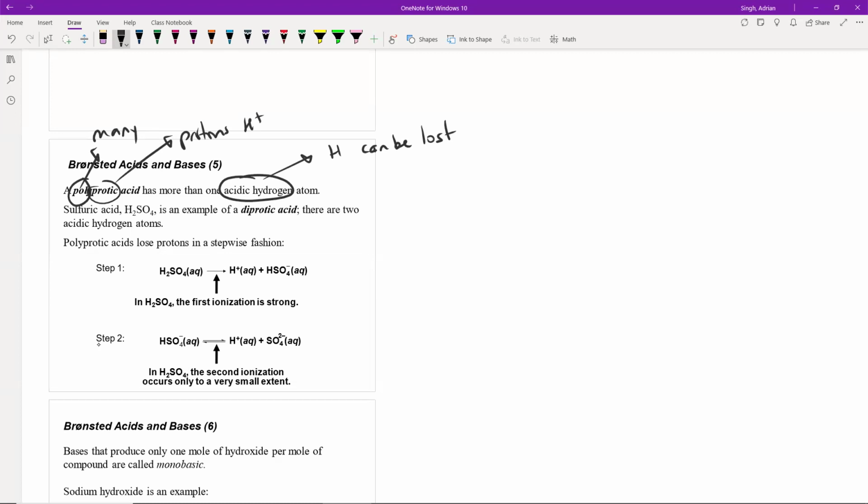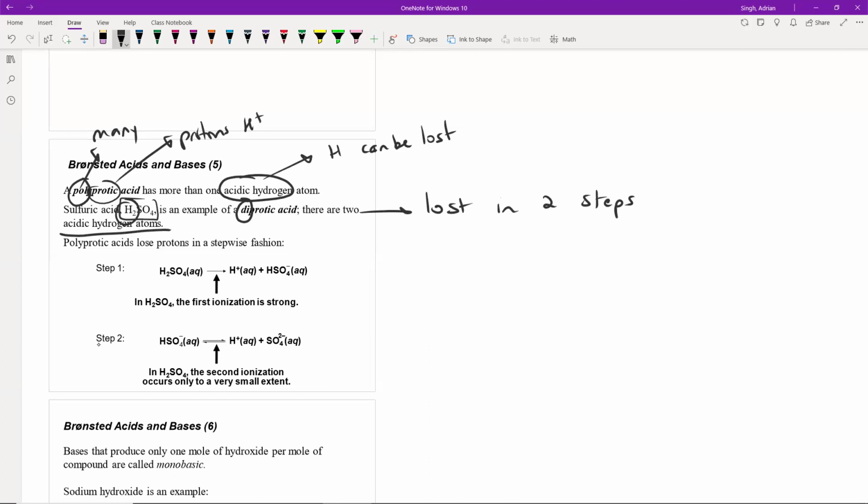So some examples. Sulfuric acid, H2SO4, has two H's. So this is known as a diprotic acid. It can lose those two hydrogen atoms, but it does so in a stepwise fashion. So it loses both H pluses in two steps.